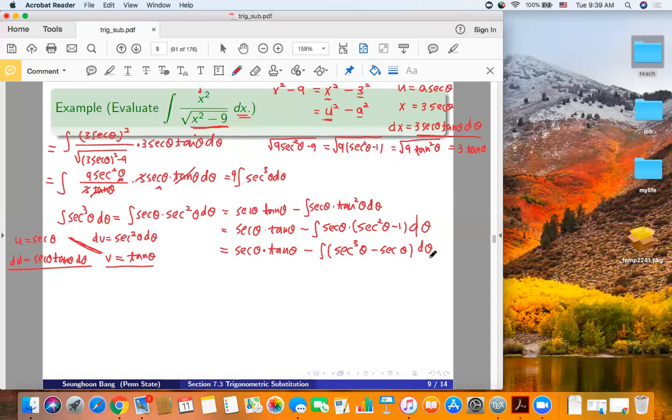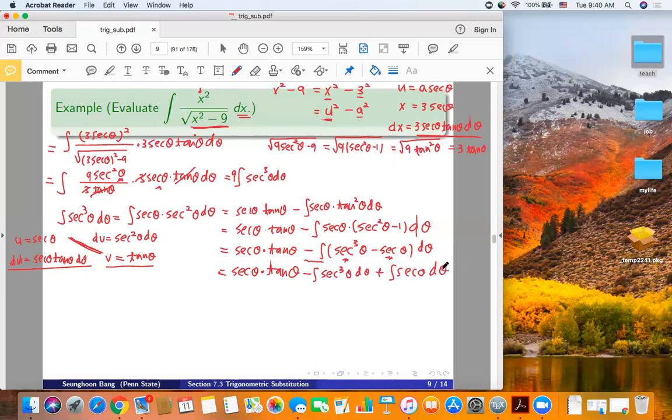Distributing the negative, we have negative integral of secant cubed theta, and negative times negative is positive, so plus the integral of secant theta d theta.